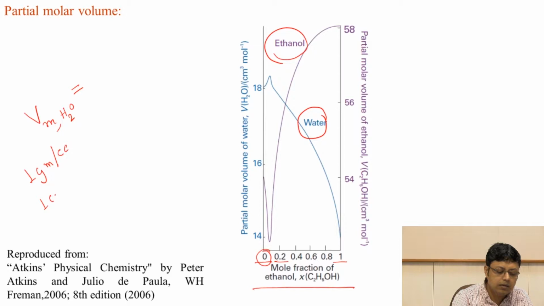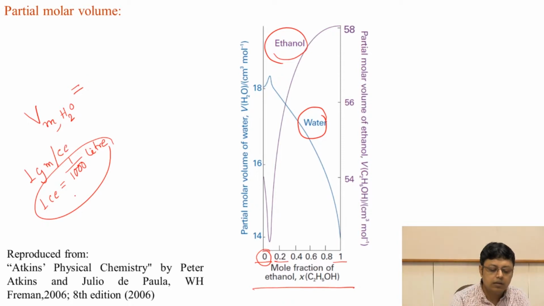So 1 liter is 1000 cc, and 1 liter of water weighs 1000 grams because the density is 1 gram per cc.